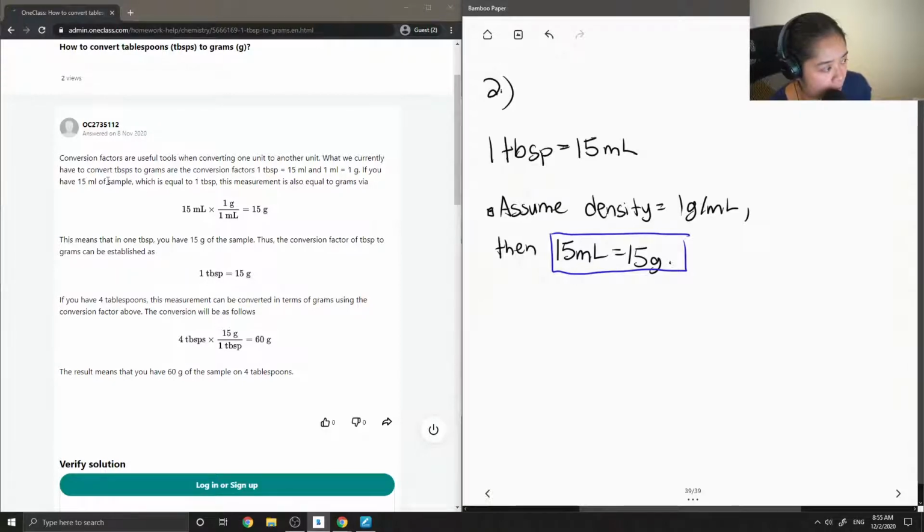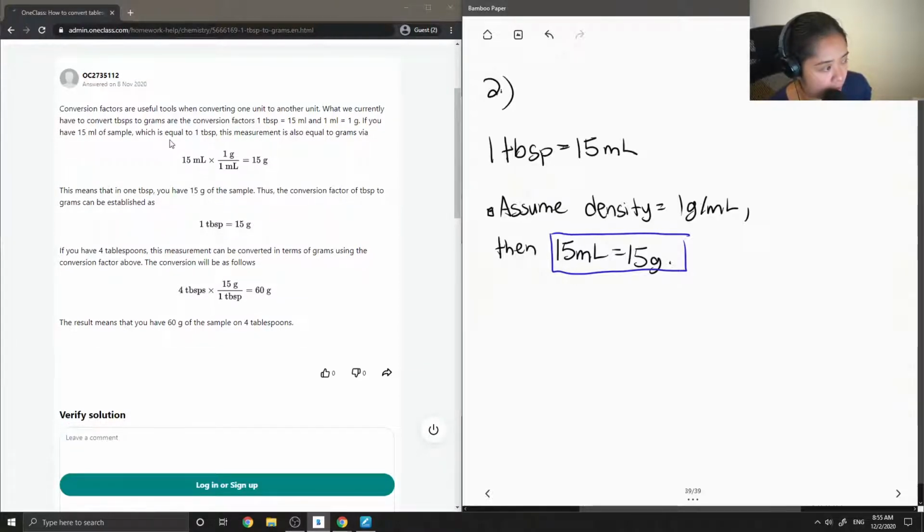If you have 15 milliliters of sample, which is equal to 1 tablespoon, this measurement is also equal to grams via 15 mL times 1 gram over 1 mL is equal to 15 grams. This means that in 1 tablespoon, you have 15 grams of the sample. Thus, the conversion factor can be established as 1 tablespoon is equal to 15 grams.